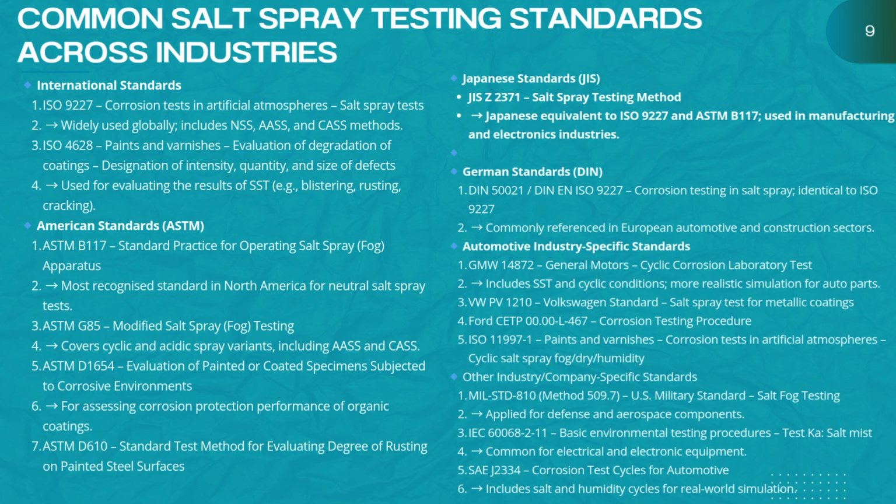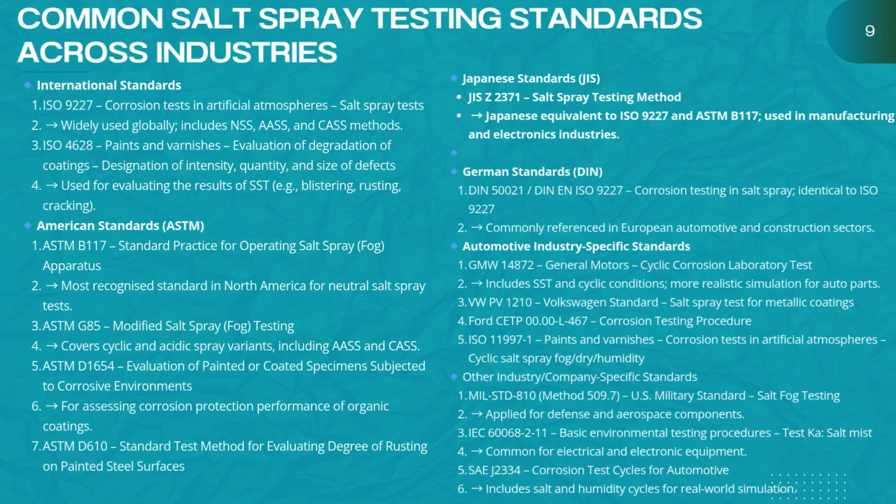In Japan, JIS Z 2371 is commonly used, closely aligned with ISO 9227 and ASTM B117, especially in manufacturing and electronics. The German standards, mainly DIN 50001 or DIN EN ISO 9227, are used across Europe, particularly in automotive sectors.